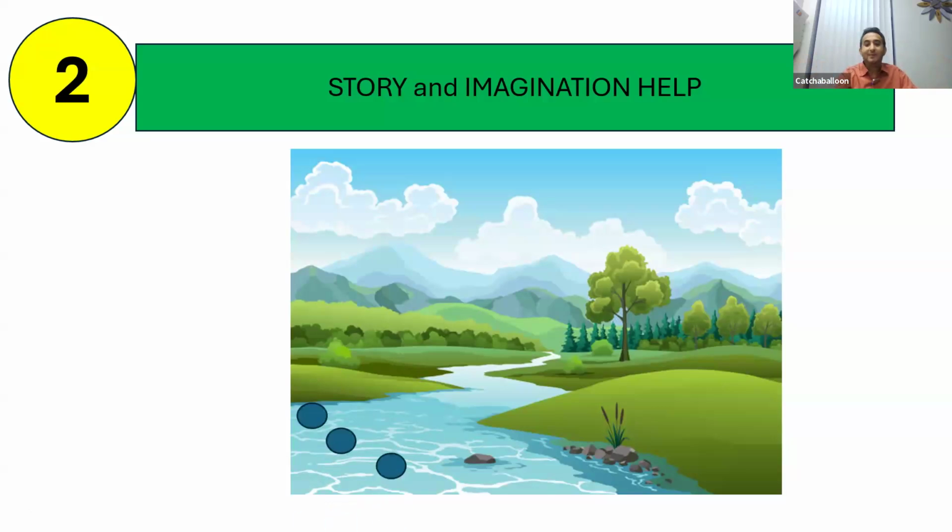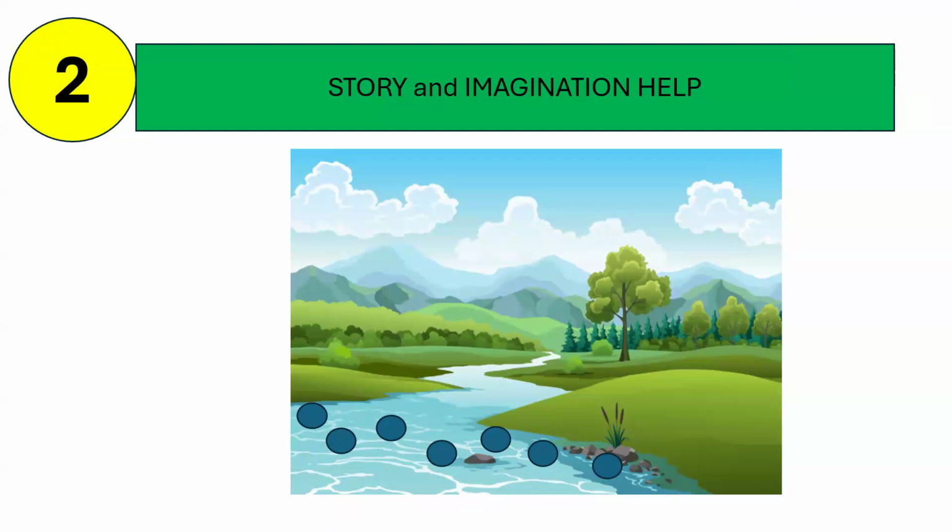And then there are lots of stones that you can put on the river to cross the river peacefully to get to the other end. So having some kind of imaginary play or story in which the child does some activities to pass and unlock the stages to move forward to get to the other side of the river could be an example of story and imagination that might help.